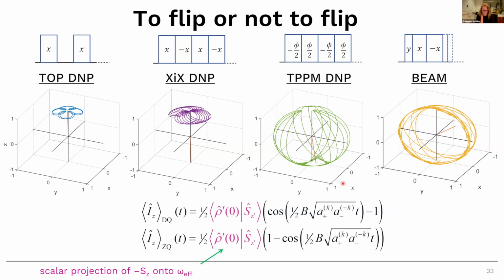essentially excite on resonance, and then you also will have the magnetization go far away and largely into the XY plane from equilibrium. And so this is very different from what you see for TOP and XiX, where you stay fairly close to the Z-axis. And therefore, it makes sense that you can repeat those sequences faster than TPPM DNP.